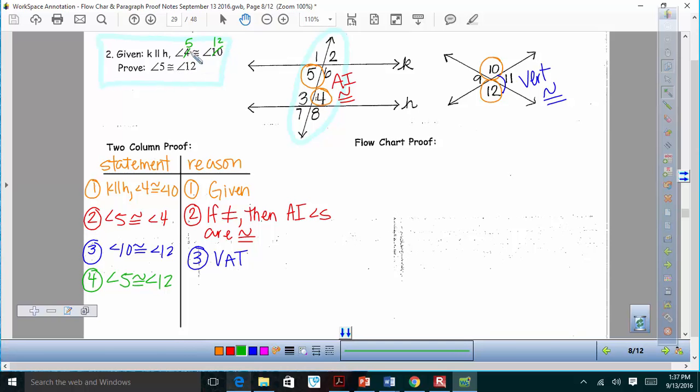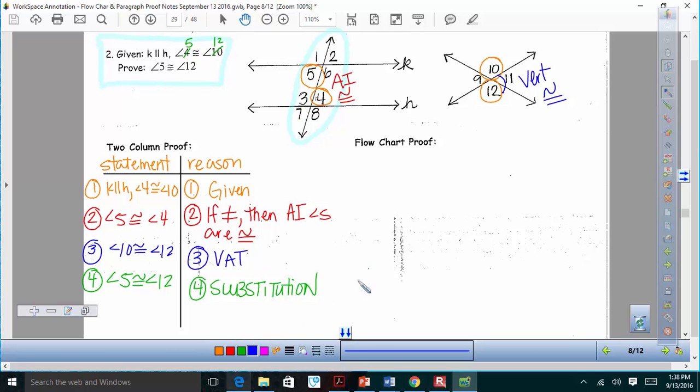And if you read it, it says angle 5 is congruent to angle 12. So what did we do to make that true? Very good. We did substitution. Okay, so anytime you have 4 angles, it's going to be substitution. Okay? If you can remember that or memorize that, that would be awesome.